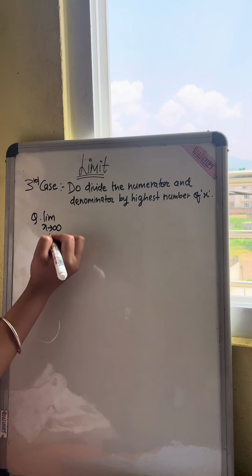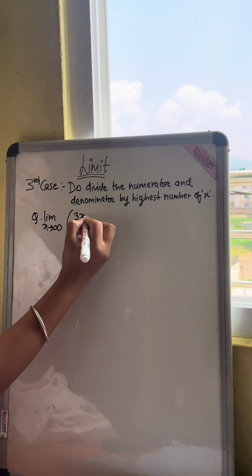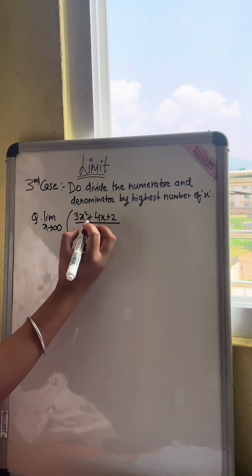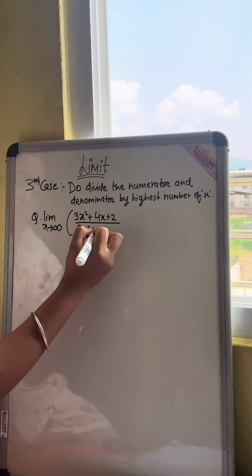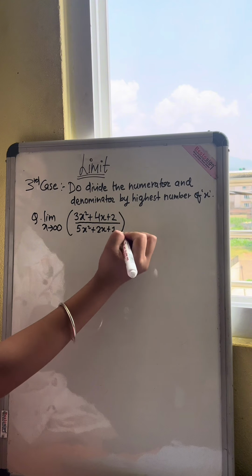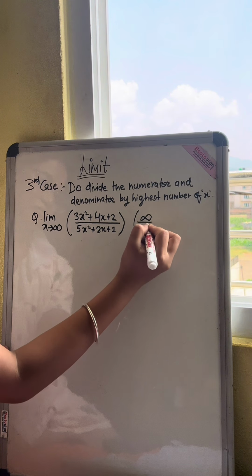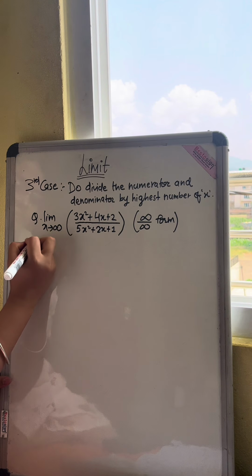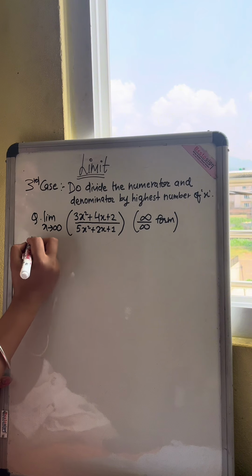Here the question is limit x tends to infinity 3x squared plus 4x plus 2 upon 5x squared plus 2x plus 1, which is in the form of infinity upon infinity.